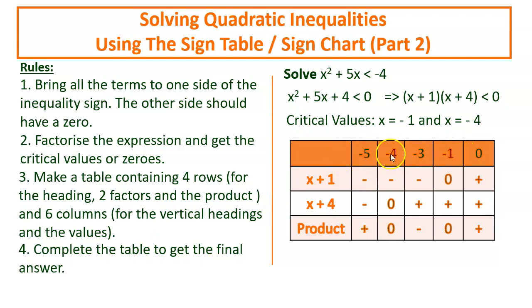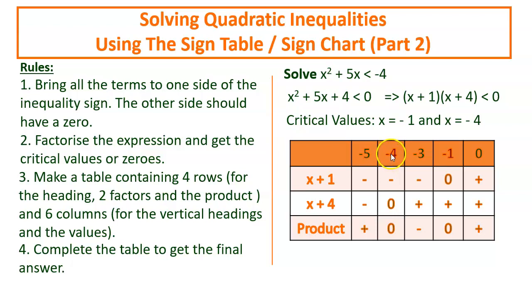So this is the heading, the horizontal heading. They have a few numbers. These two numbers, -4 and -1, are the two critical values. I have written -4 first and then -1. Always imagine the number line: the smaller number should be written first.